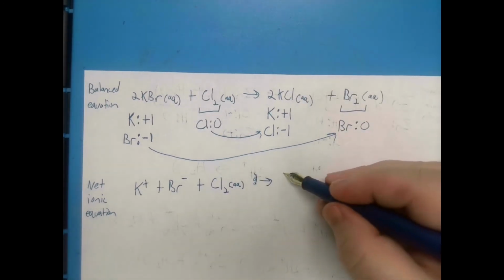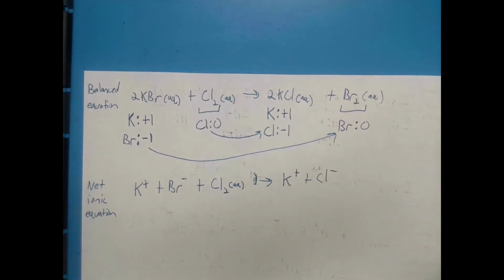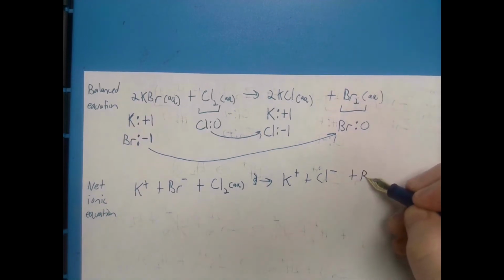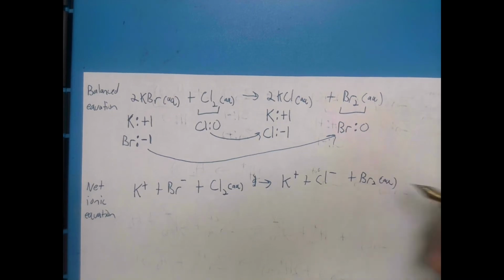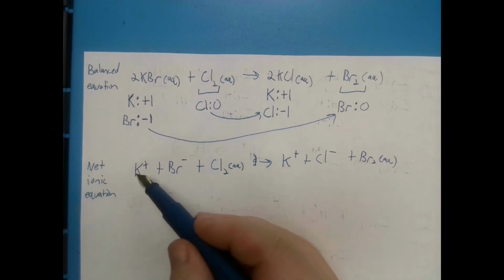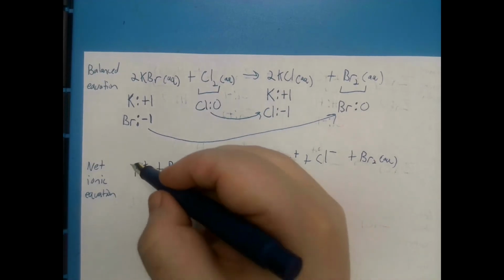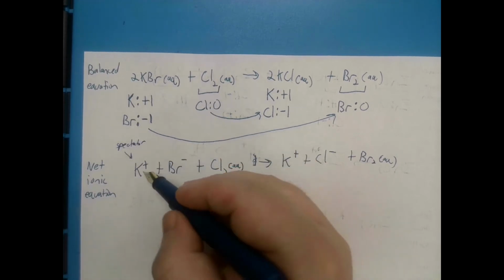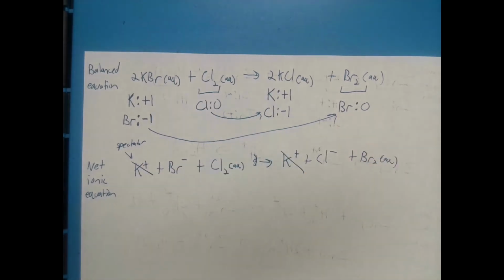This will break apart into its ions, K plus and Cl negative. This is not ionic, so it will stay as Br2. We can see that potassium is the spectator. It's on both sides of the equation and is not used in any non-ions.